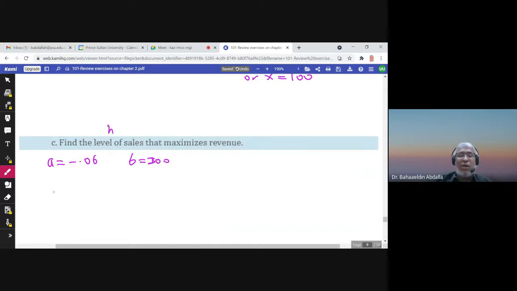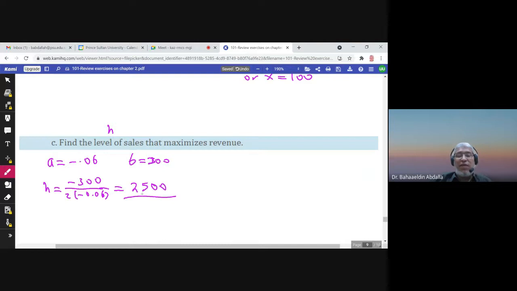That's h. So h is negative b over 2a. So it's negative 300 over 2 times negative 0.06. And the answer would be 2,500.